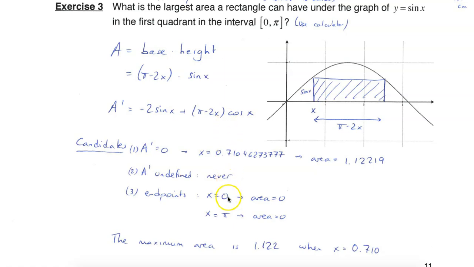The endpoints are x equals 0 and x equals pi. These are the two extreme situations where x is so small that the rectangle has no area, it's just a line, if I can say, or x equals pi, which is the same situation in fact. If you argued with me that the endpoints were x equals 0 and x equals pi over 2, so you would say we are only going from x equals 0 to x equals pi over 2, I would say great.